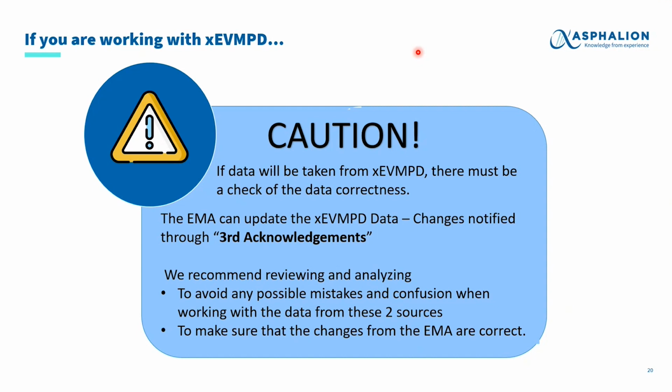What I mean is, if the data from XEVMPD comes from our internal system and then we have the data from XEVMPD corrected, there will be a discrepancy between these two systems. And this, of course, can cause confusion and many problems. So it's good to review it in order to have these two systems aligned, and as well to make sure that the changes made by the EMA are correct, because at the end, people from the EMA are human and they can also make mistakes.